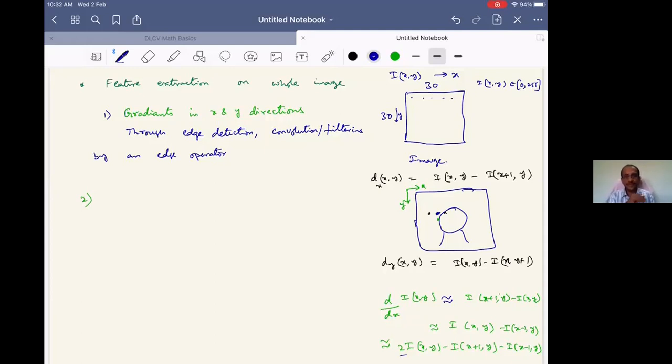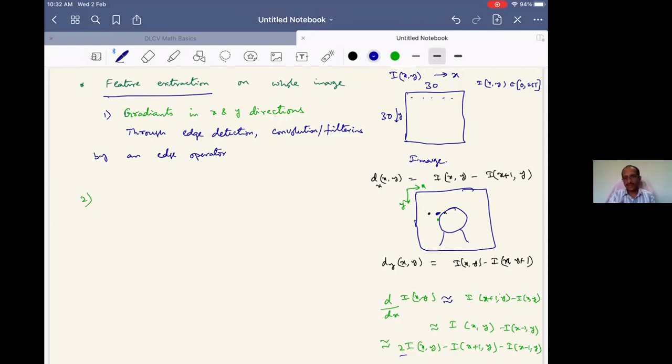The feature extraction depends on the application. Correct. Currently, what we are discussing is different possible ways of feature extraction.